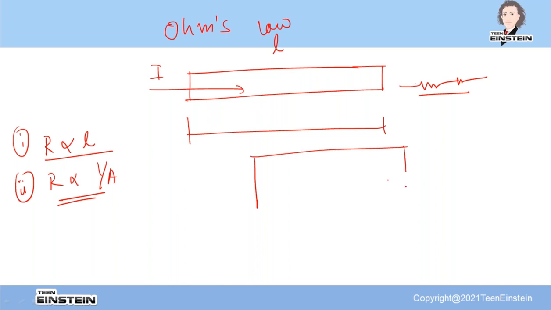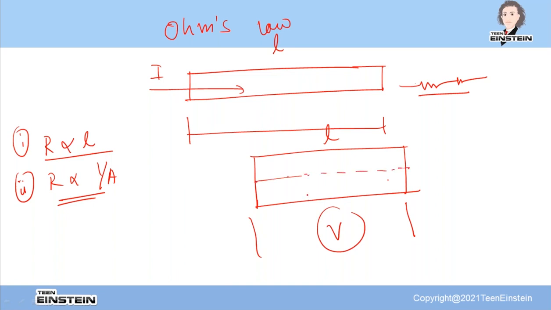Suppose I have the same conductor, length L, and the potential across this is V. Now if I divide it into two parts like this, with the same potential and the same length, everything the same, what is different is this is A by 2 area and this is A by 2 area. If the total area was A, now the area has been divided into 2.